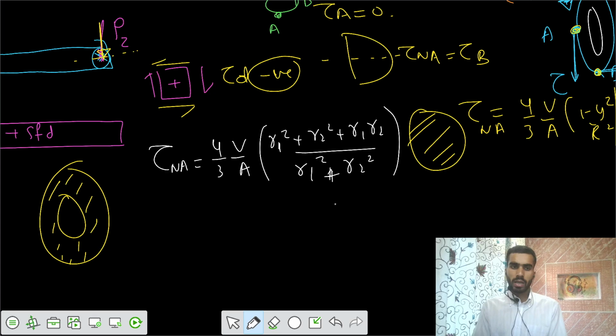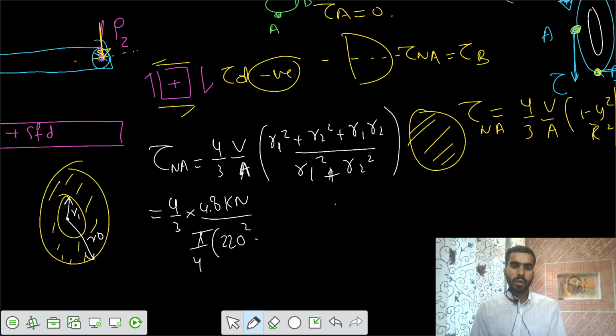Similarly, your r1 is your r inner and r2 is your r outer. So you can use those values now. 4 by 3, your shear force value equals Pz, that is 4.8 kilonewton. And the area of that hollow section is pi by 4 times 220 square minus 180 square millimeter square. So this is your area.